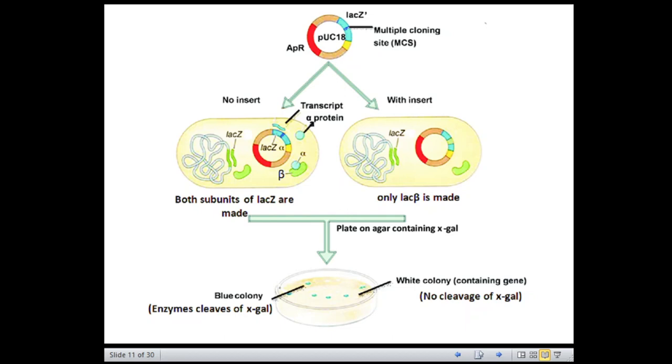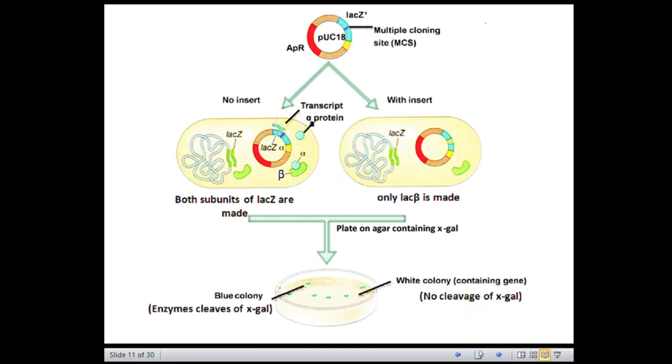Right? So this selection method and insertional inactivation of antibiotic resistance genes, they provide information on the character of the DNA insert and the status of the vector. To screen gene libraries for a desired insert, hybridization labeled gene probes are also essentially required.